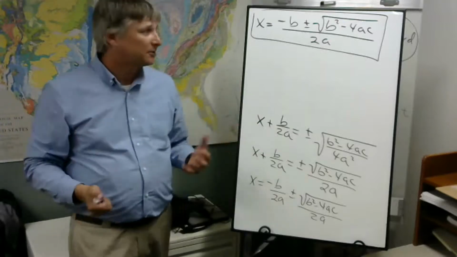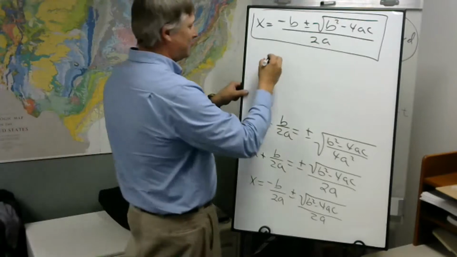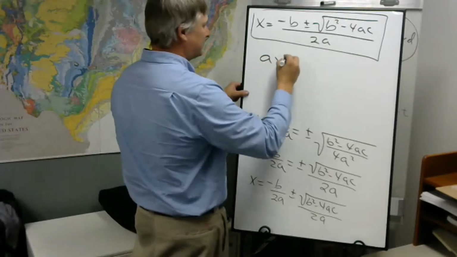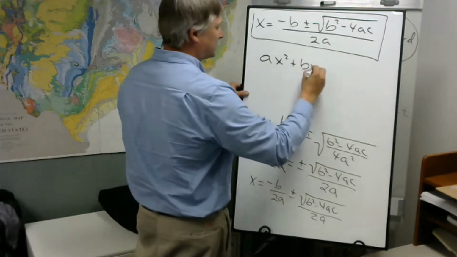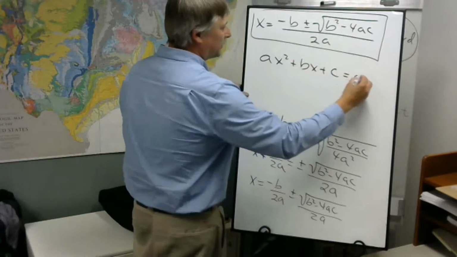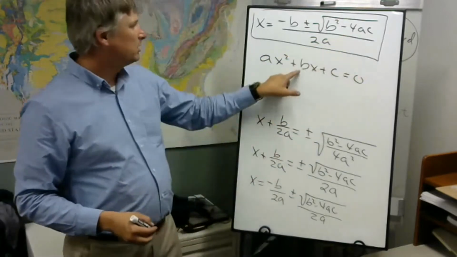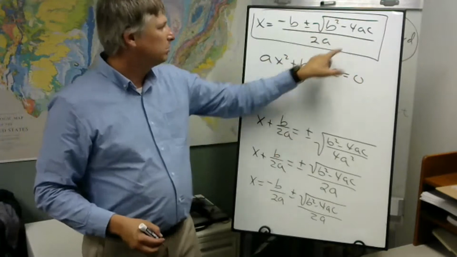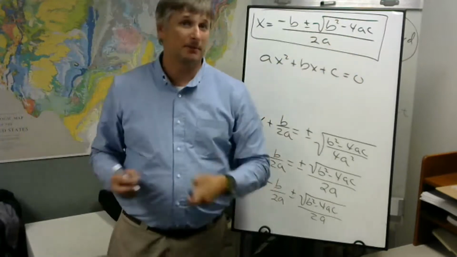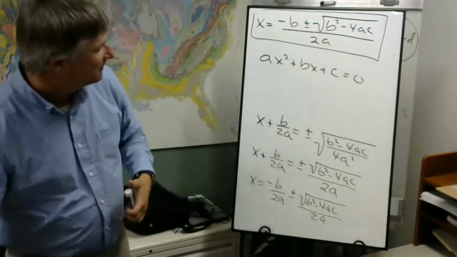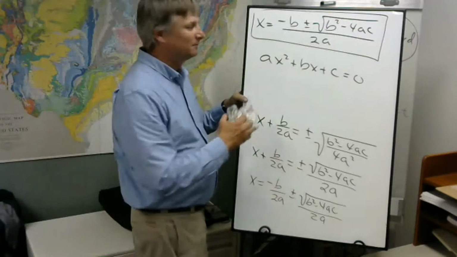So to solve for x, we take ax squared plus bx plus c equals 0, and we plug in the a, we plug in the b, just plug in the c and then simplify. So let's do an example.